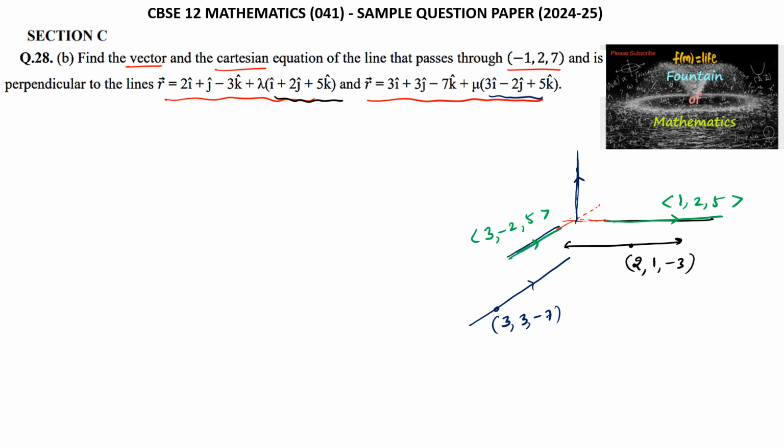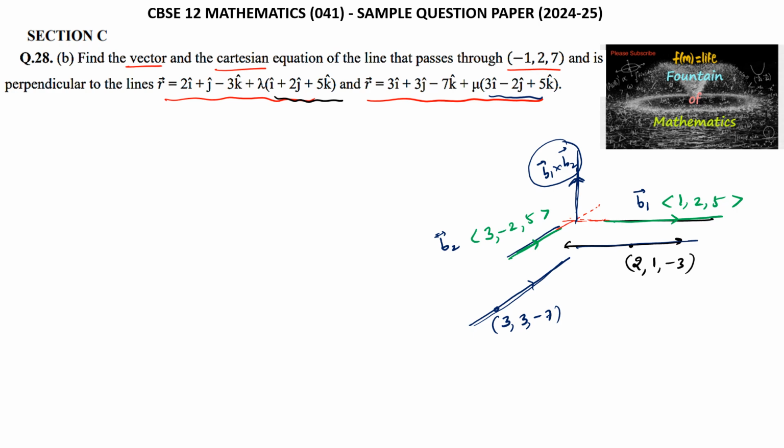If you consider this is b1 vector and this is b2 vector, here this is b1 cross b2. So b1 cross b2 will be the perpendicular to both the vectors, or we can also say both the straight lines, given lines, this vector is perpendicular.